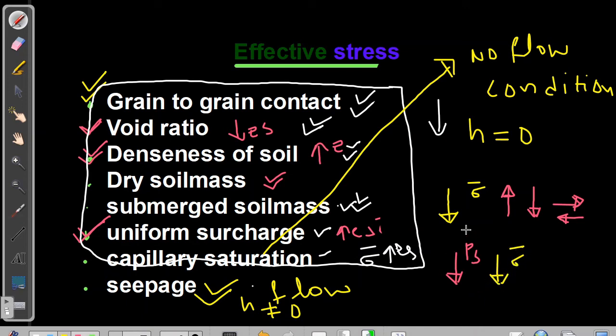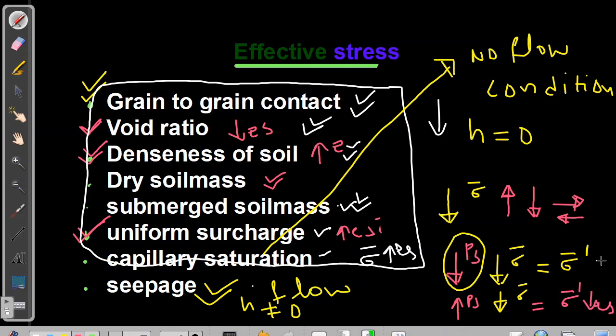If the seepage is downwards and effective stress is also downwards, then it will increase the effective stress. If the seepage is upwards, then seepage pressure also acts upwards, and in this case effective stress will decrease.